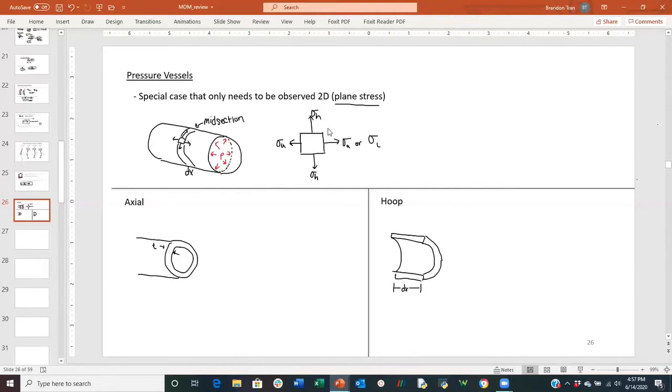Now, how do we derive the axial and hoop stresses? Starting off with axial, I cut that pressure vessel in the middle. Here's the pressure vessel, and it has thickness t for wall thickness. The axial stress will act as a resultant from the thickness of the walls, as such. So this would be sigma A, the axial stress.